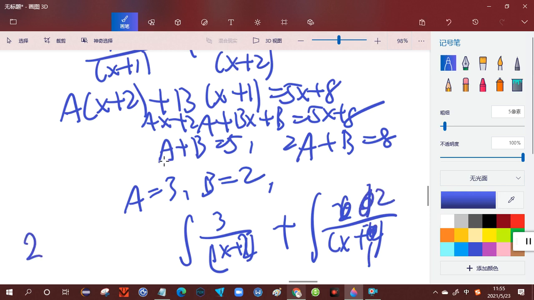So the final equation is here after substitution.